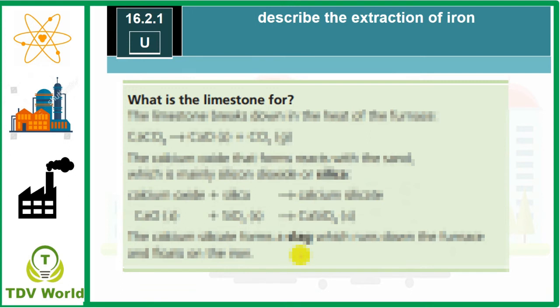You should know that whatever reactants you use, as I already told you in the beginning, we are using three reactants: the limestone, coke, and the iron ore. You should know what those reactants are used for. We have discussed coke, and we have discussed iron ore, hematite, but we didn't discuss the usage of limestone.